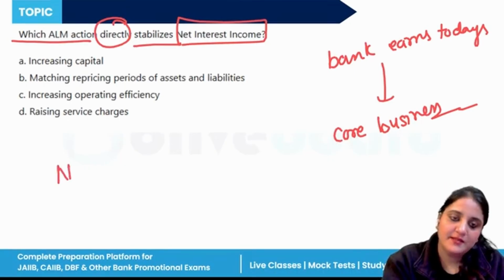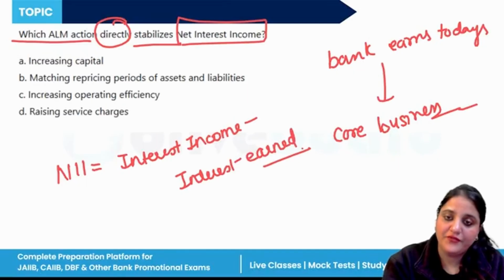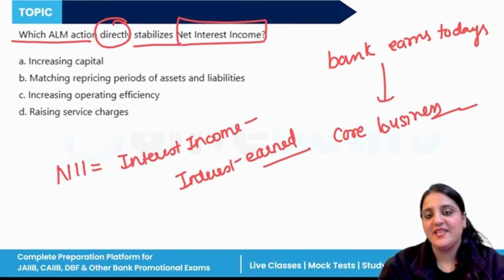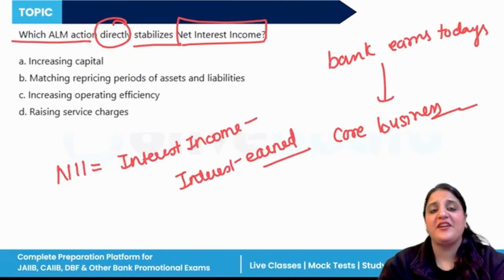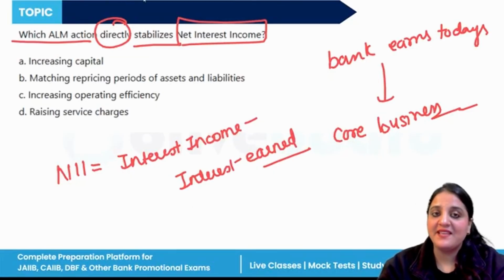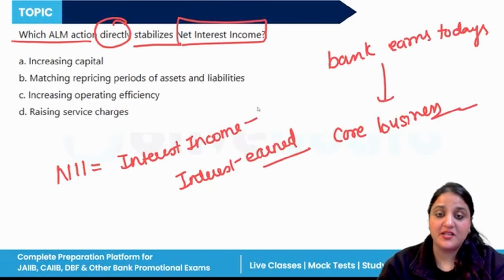Whatever the interest income, subtract the interest expense, right? The difference of this is called net interest income. So if there is volatility in the interest rate, that directly affects the NII. So ALM aims to stabilize the NII in the short term.